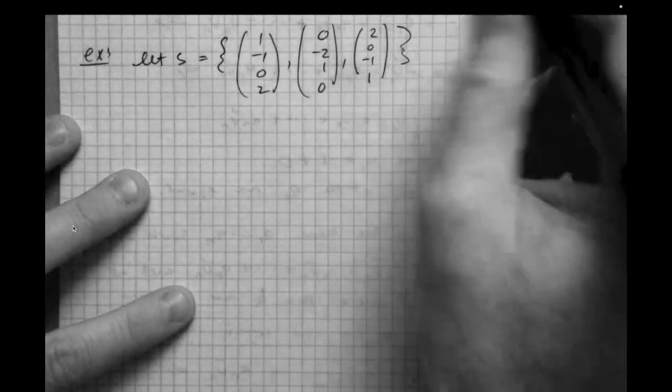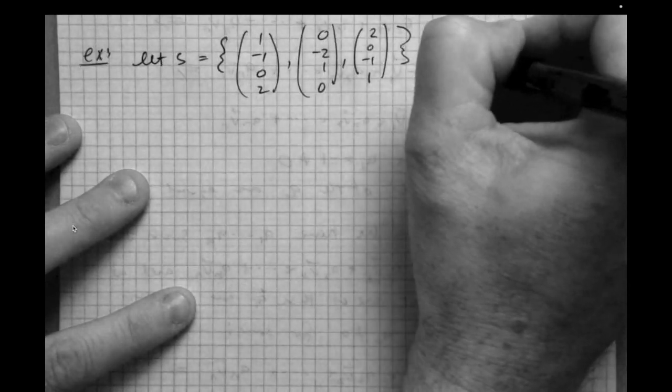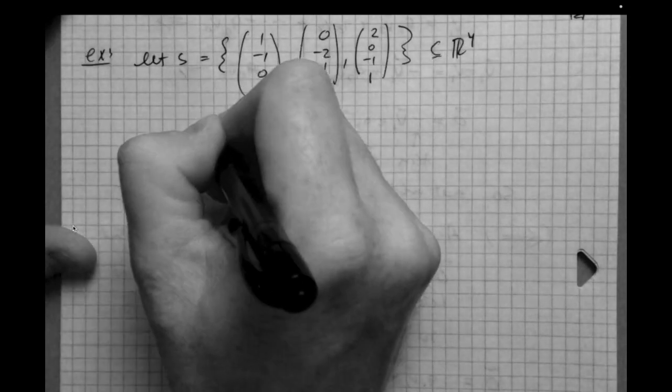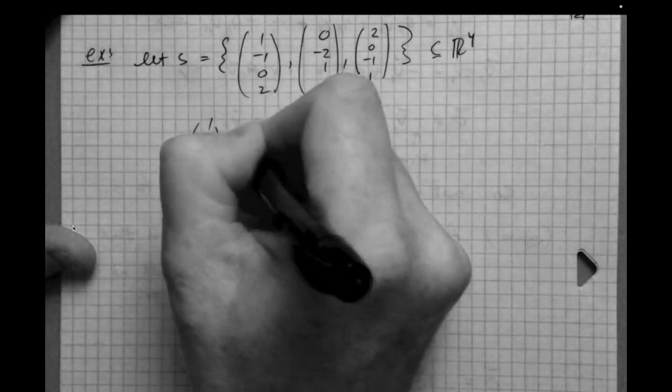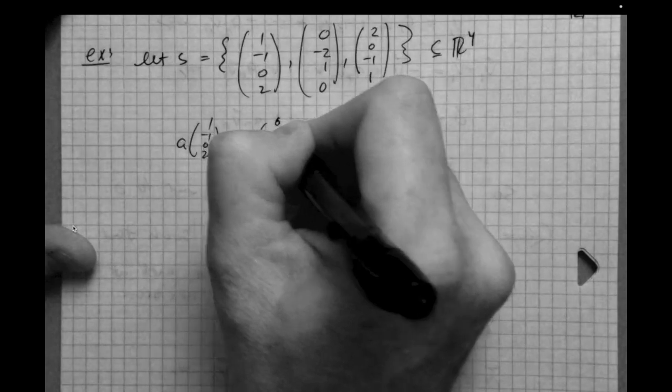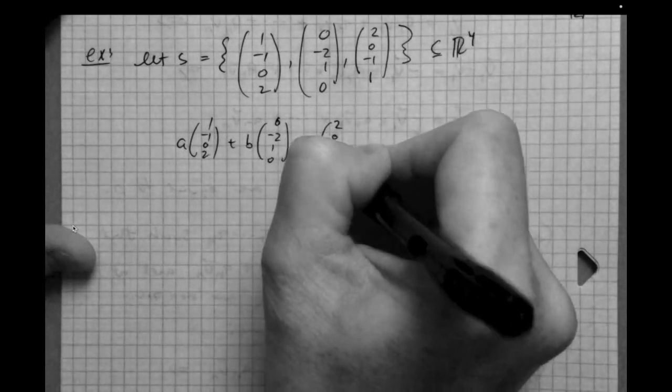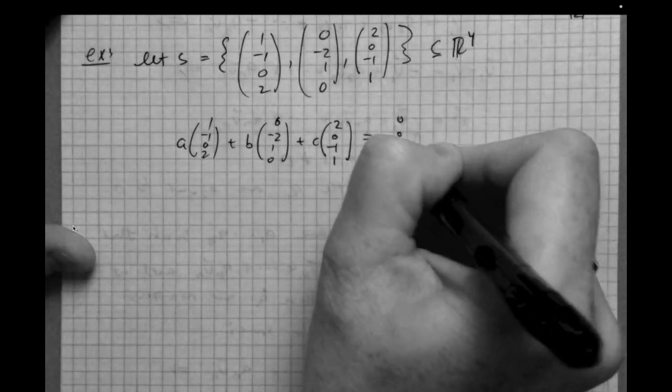And so it's this subset of 3 vectors from R4. Okay, now let's consider a homogeneous system built on these 3 vectors. So A times 1, -1, 0, 2 plus B times 0, -2, 1, 0 plus C times 2, 0, -1, 1 equals 0, 0, 0, 0.